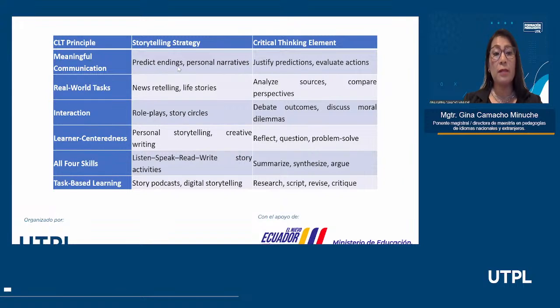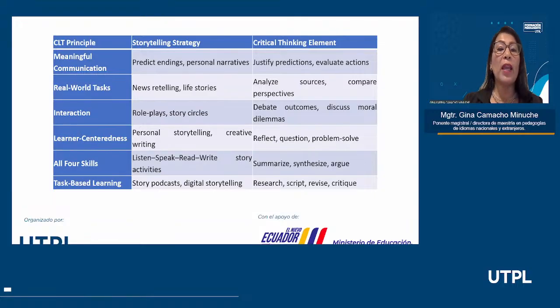Predict endings, personal narratives, in critical thinking element, justify predictions, evaluate actions. Real world tasks. News retelling. Okay, you can ask your students to retell the story using their own words. So they are analyzing sources, comparing perspectives.